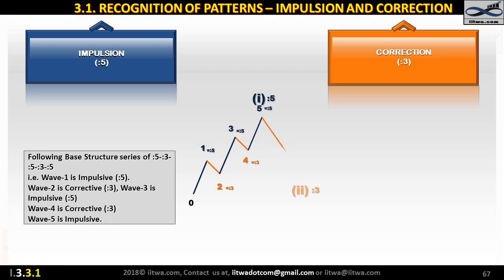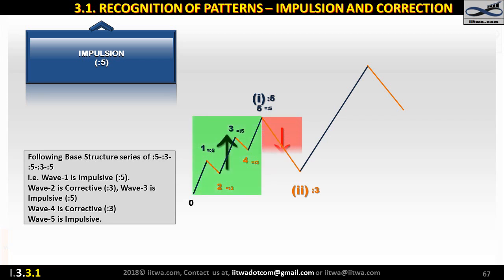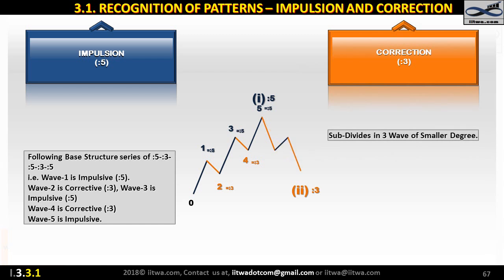2. Corrective waves. Corrective waves are waves 2 and 4. These waves are separated by an impulsive wave 3. This means wave 2 is retracing wave 1, while wave 4 is retracing wave 3. Corrective waves are subdivided into 3 smaller degree waves.